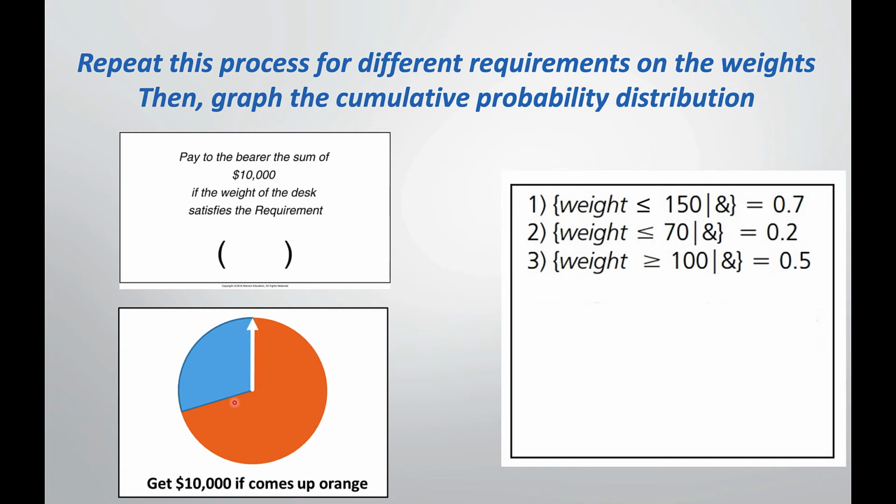And when the orange area is 50% of the wheel, you are indifferent between the deal where the requirement is this versus the deal where the orange color is half of the pie. That tells you your probability for this requirement. You believe that the weight is greater than or equal to 100 pounds with a 50% chance, with a probability equal to 0.5. Okay, repeat this process for a lot of numbers and for different kinds of requirements.